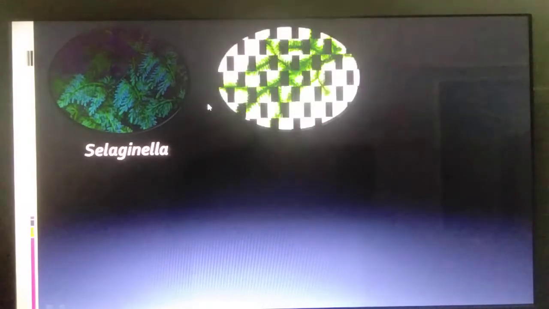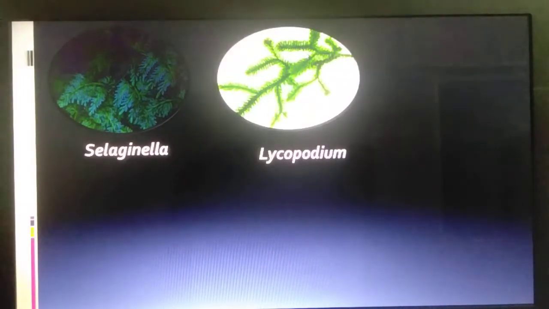Let me show you some pictures now of some pteridophytes. Here this is a beautiful fern called Selaginella. Remember, when I say fern, I mean they are pteridophytes. Since they are commonly called ferns, I use the word fern. Then the next one is Lycopodium.